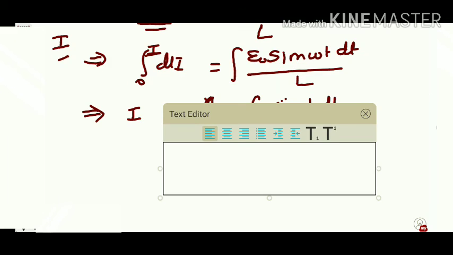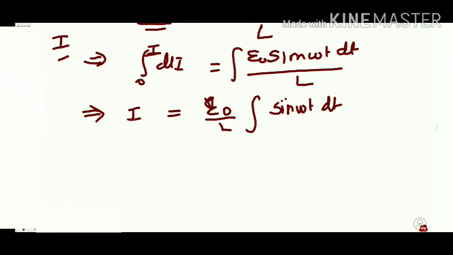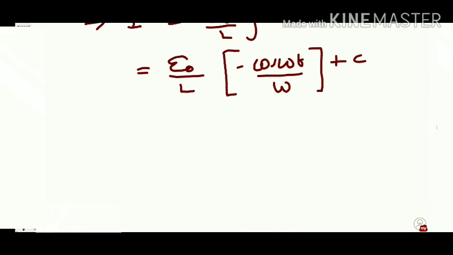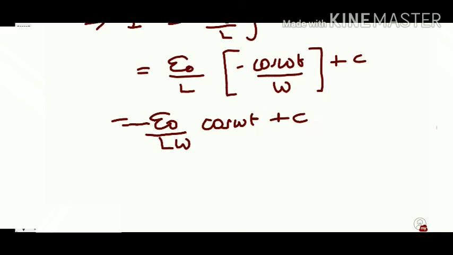So I can write this as epsilon naught by L times minus cos omega t by omega, plus C, a constant, because I have not introduced any limits here. So epsilon naught by L omega, I am bringing the minus outside, so it is cos omega t plus C, right? That is our current, right?